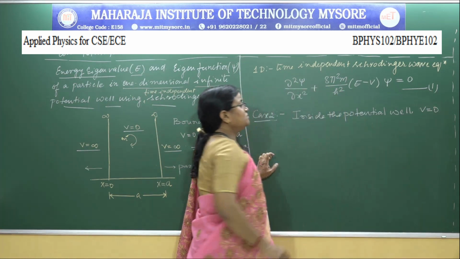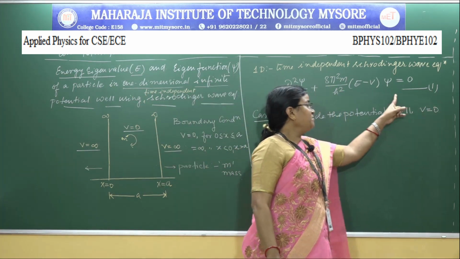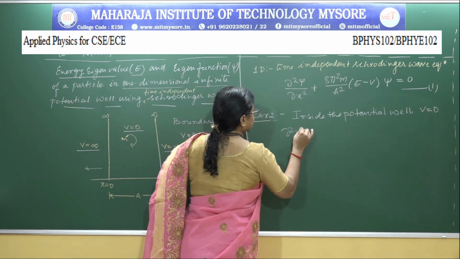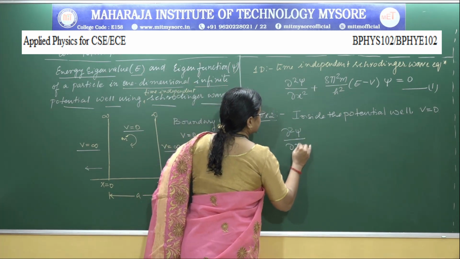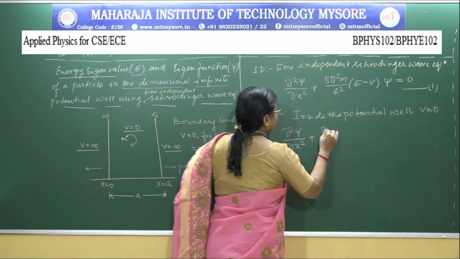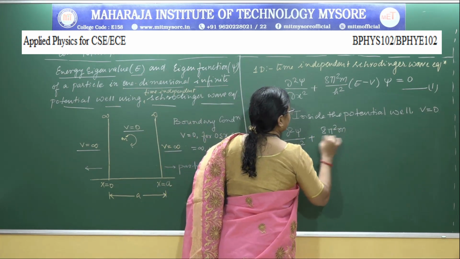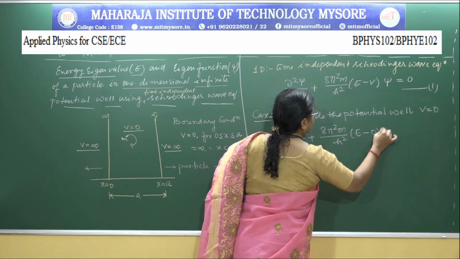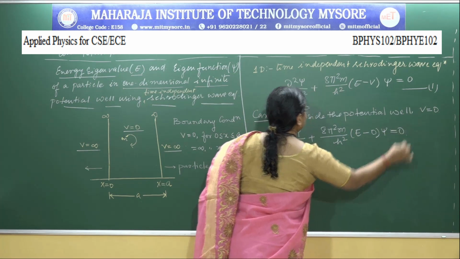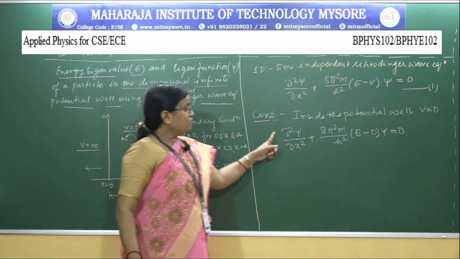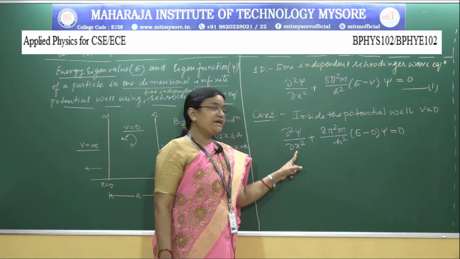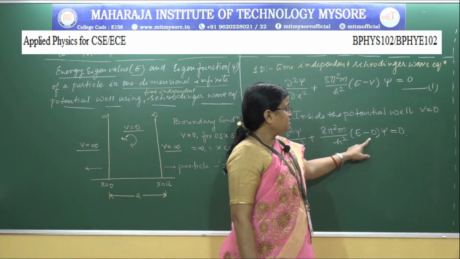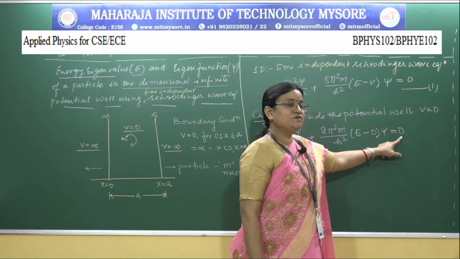So let us substitute this value in the above equation 1, and we get dou square psi by dou x square plus 8 pi square m by h square into E minus 0 psi is equal to 0.